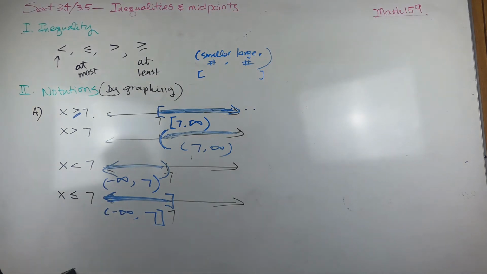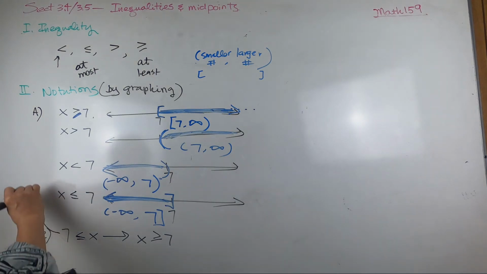So usually we put the variable on the left-hand side and the number on the right-hand side when we use the symbols of inequalities. If you have 7 less than or equal to x, you change it to x greater than or equal to 7, meaning x is bigger than or equal to 7.